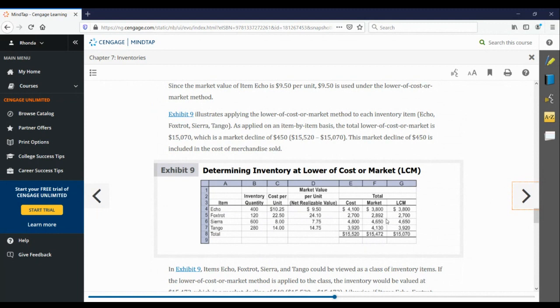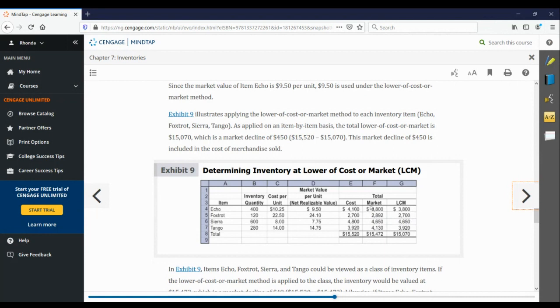If you're valuing each item of inventory separately, we would look next at Foxtrot, look at the total cost, and look at the market value, the net realizable value total amount. The cost this time is the lower, so we would carry the cost over and put it in the lower of cost or market column.